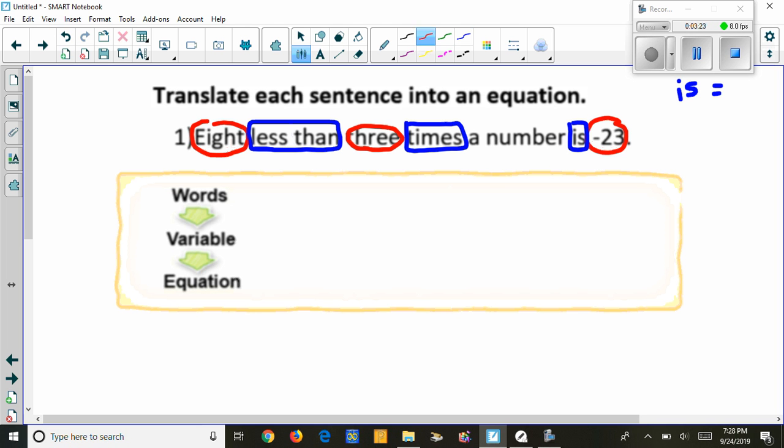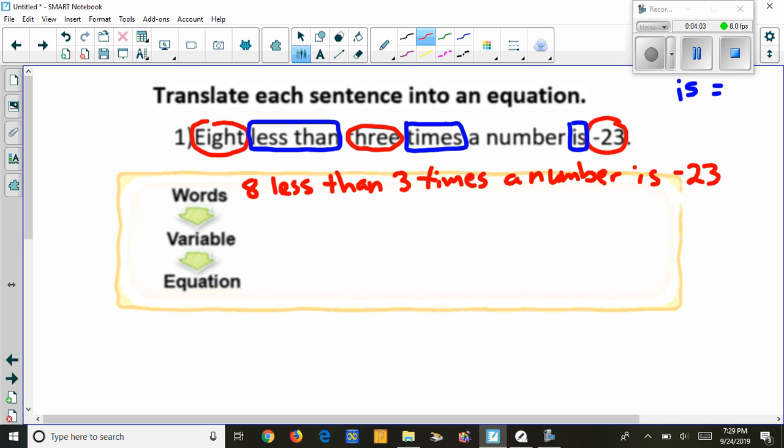For this, when talking about the words, our words are simply going to be this exact statement, but I'm actually going to write the numbers as numbers. So I'm going to write 8 less than 3 times a number is negative 23.